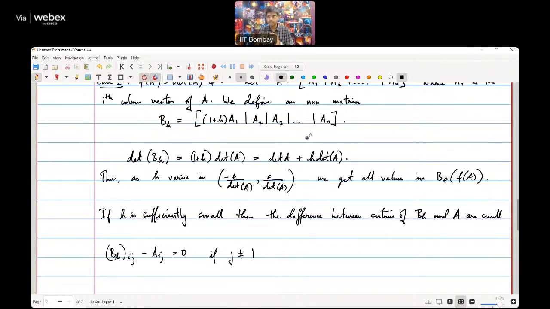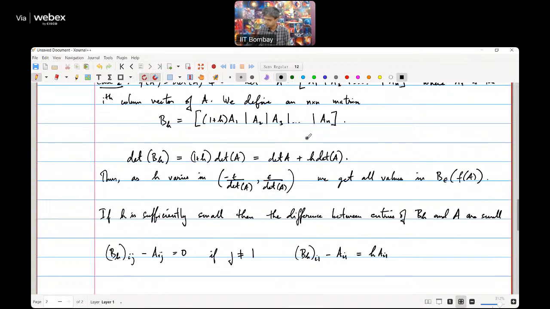The matrices BH and A differ only in the first column. So let's look at the first column entries. BHI1 minus AI1 is equal to H times AI1. Right.